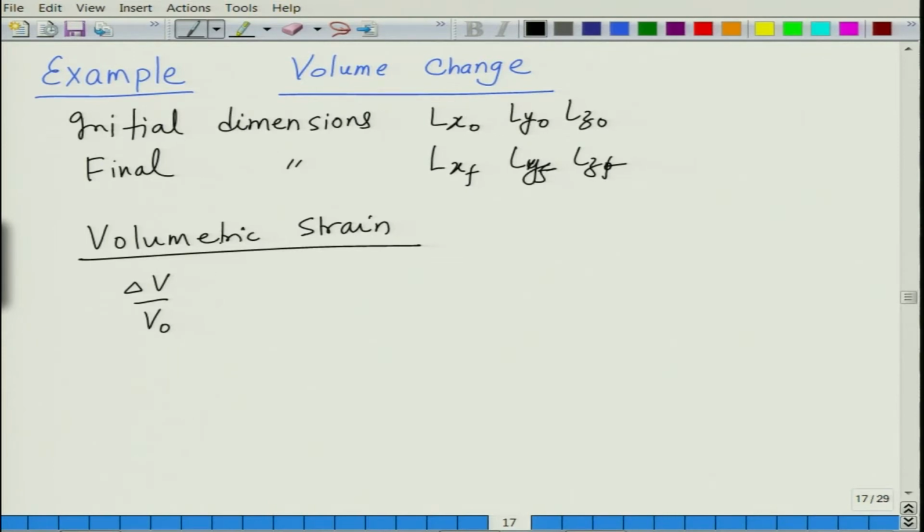So, if you calculate for engineering, then it is Vf minus V naught divided by V naught.